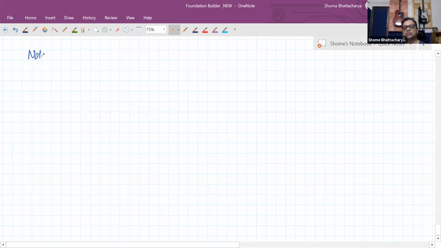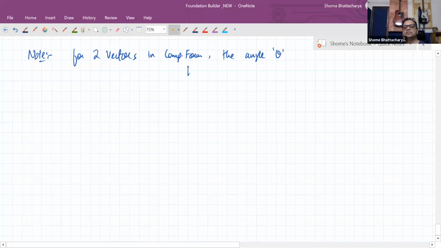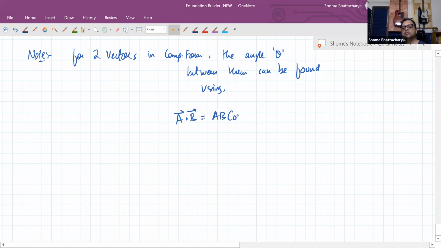Note, for two vectors in component form, the angle theta between them can be found using the relation that A dot B is equal to AB cos theta.